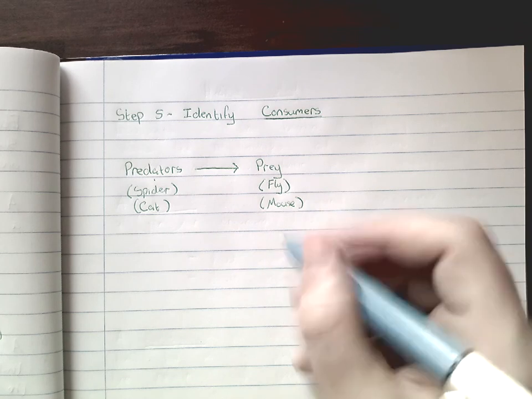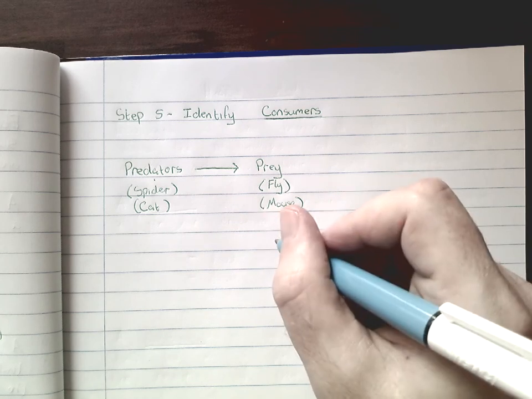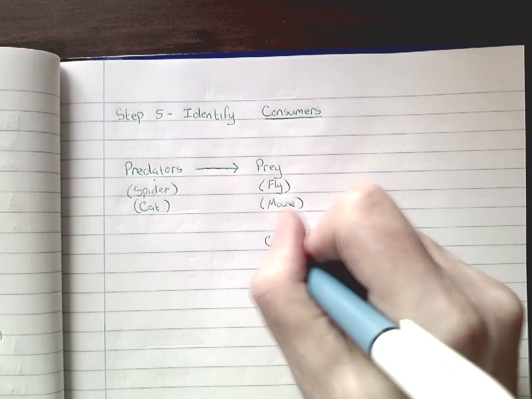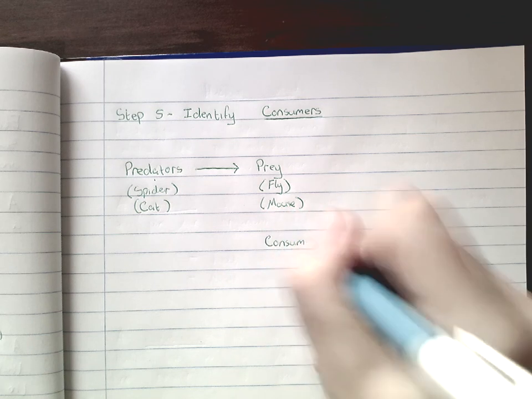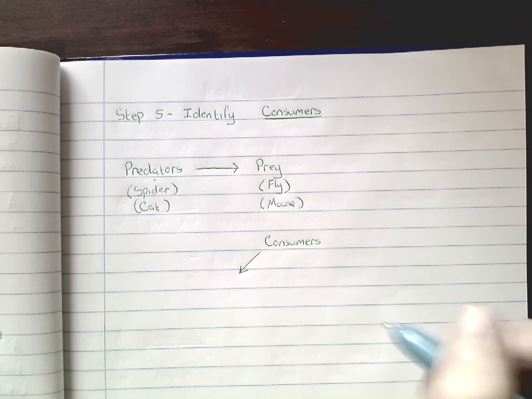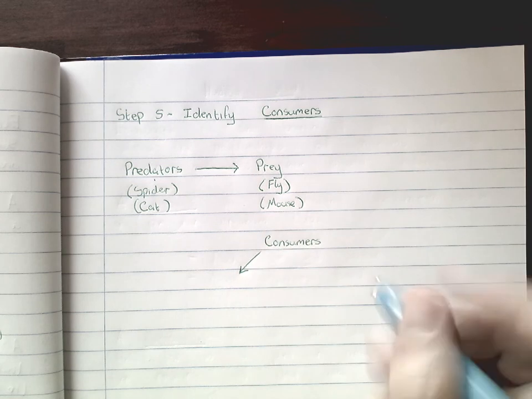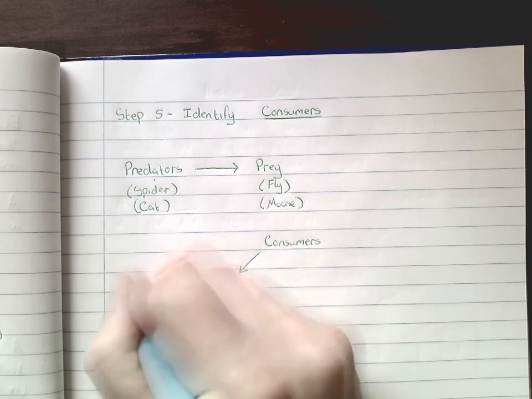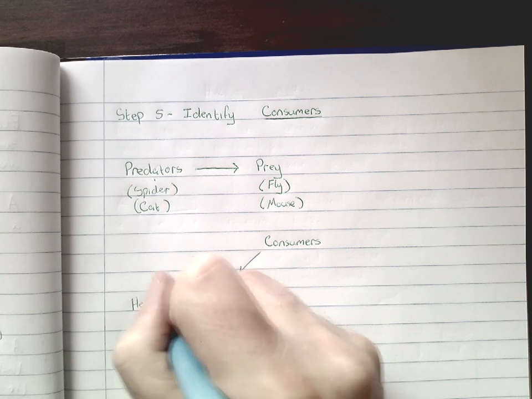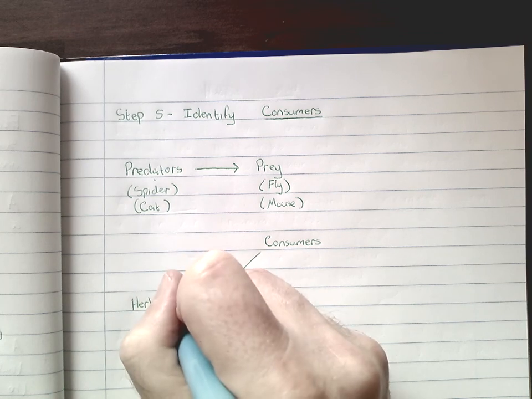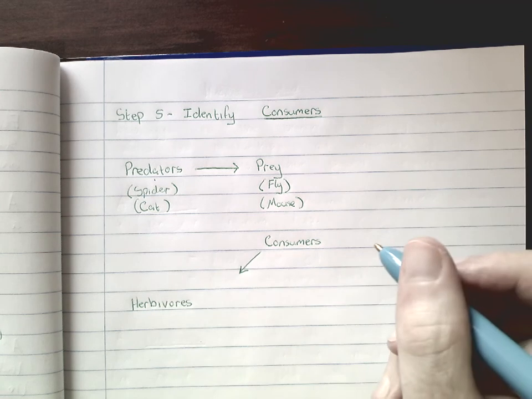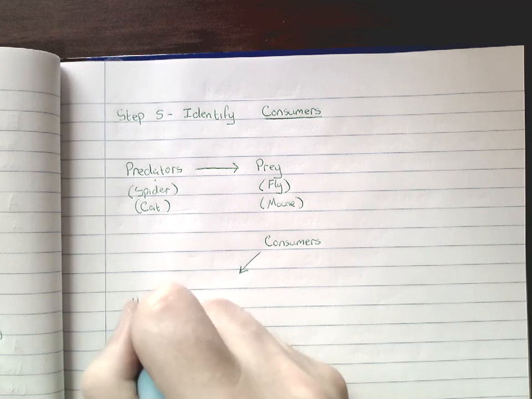Within consumers, all consumers can be broken down into these areas depending on what they eat. So we have herbivores. Herbivores basically consume plants.